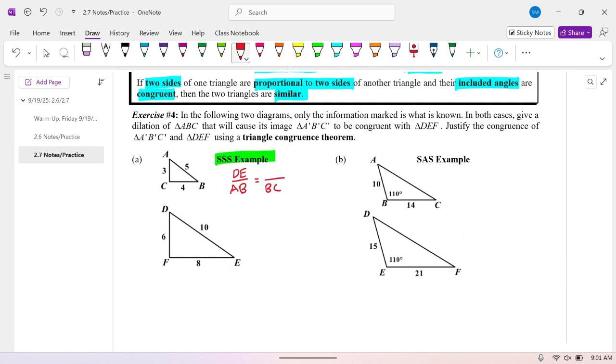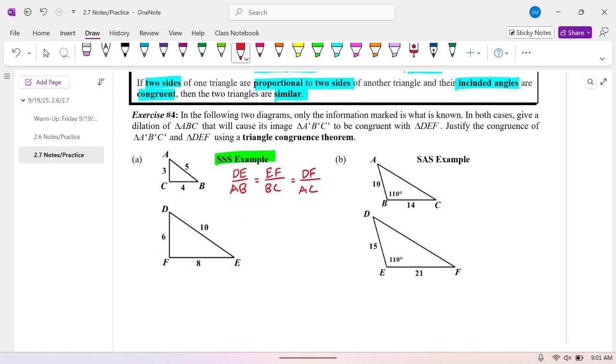What will be the corresponding side to BC? EF. And then AC. What's the corresponding side? DF. Good.